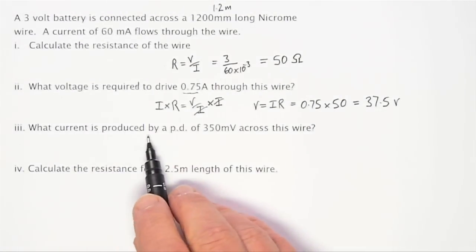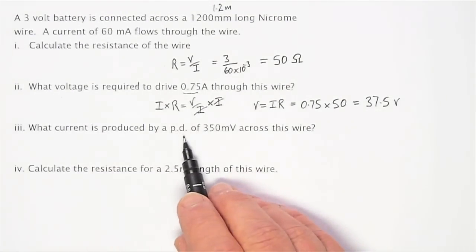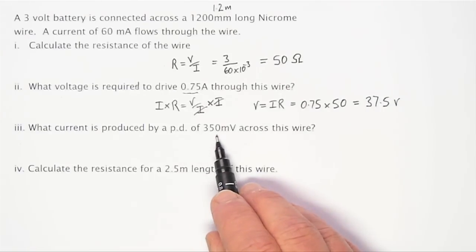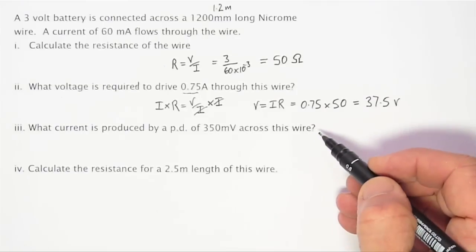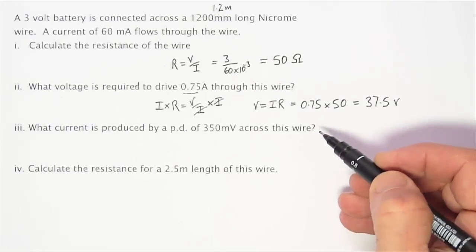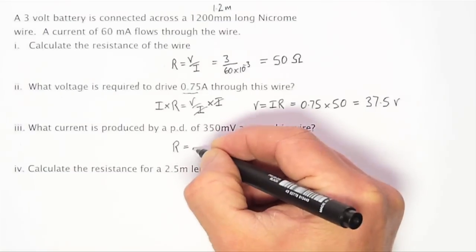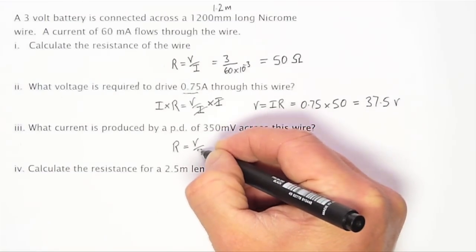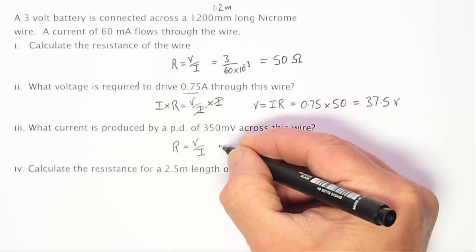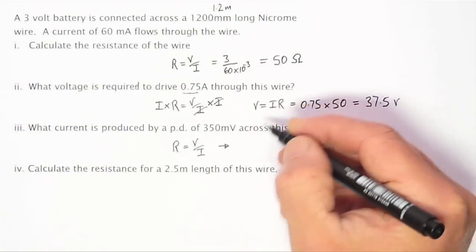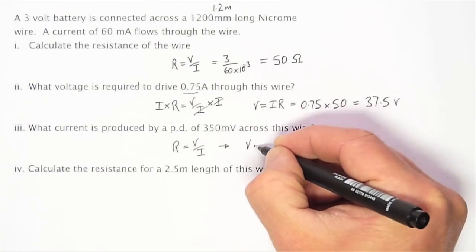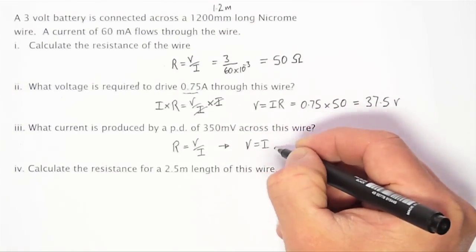What current is produced by a PD, potential difference, of 350 millivolts across this wire? Again, we're going to start off by using the same formula, R equals V over I. We rearrange that in the last part of the question to give me that V equals IR.